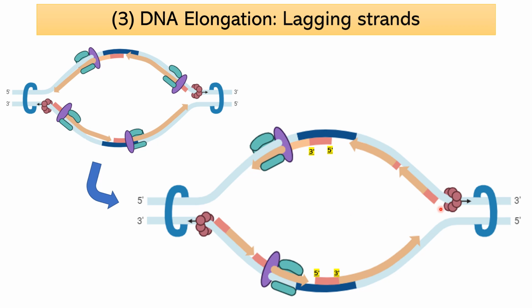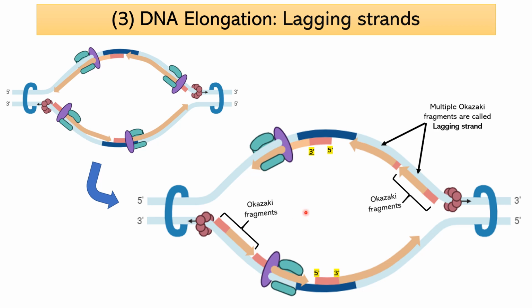All these syntheses are in the 5 to 3 direction. These short fragments that we can see here are called the Okazaki fragments, and multiple Okazaki fragments are known as the lagging strand.